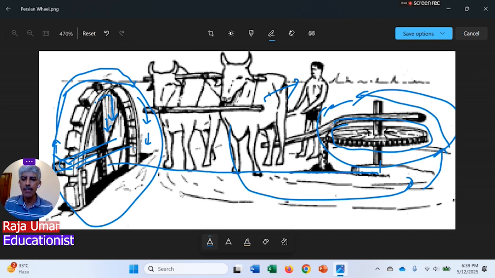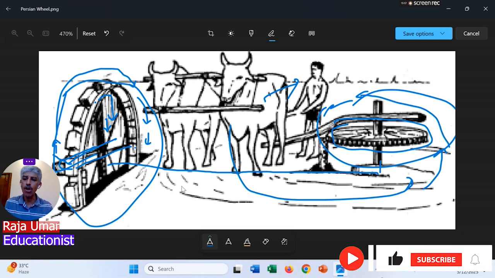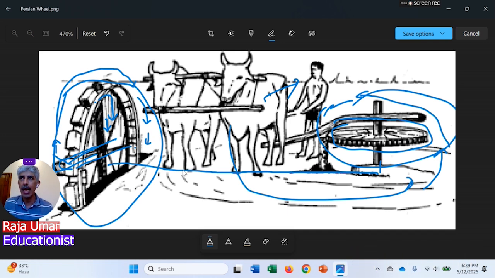Again, time consuming, animal power, and less area irrigation, these are the negatives, and more irrigation in comparison with Shaduf and Charsa, and good for those areas where no canals are available, and the areas where the fields are not really very big ones, and smaller quantities of water can fulfill the needs of the people. So this is how you can label the Persian wheel diagram.